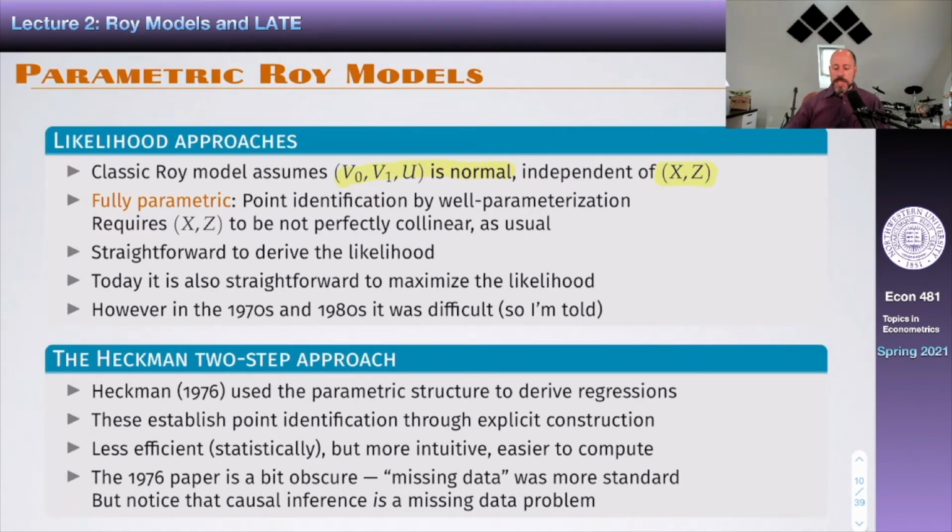As we're going to see in a minute, this will require these variables not to be perfectly collinear, but that'll be obvious, and it's the usual thing that we need anyway.